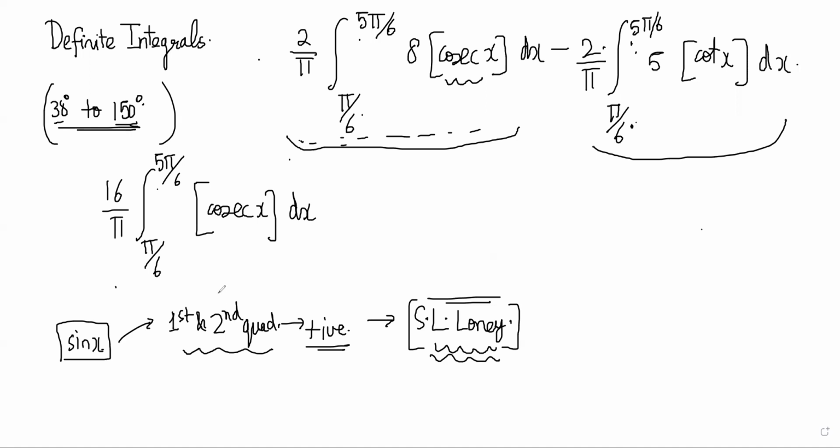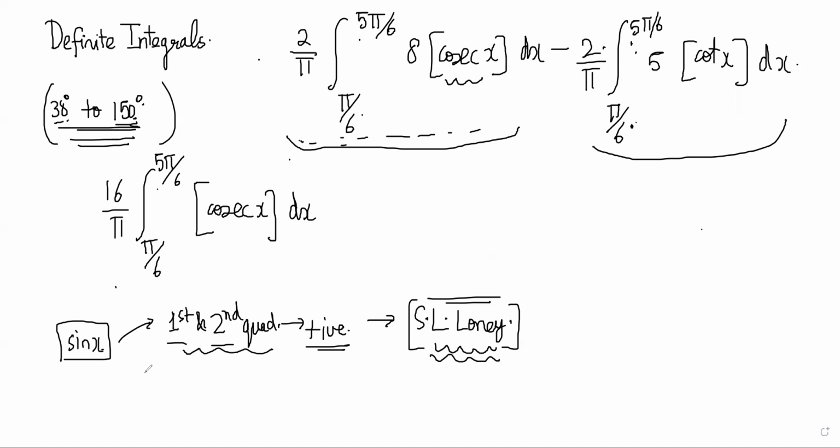By the way, in the first and second quadrant sin x is always positive, and sin 150 is actually sin 30 only. Sin pi minus theta is equal to sin theta, right? So sin x values will be the same here.